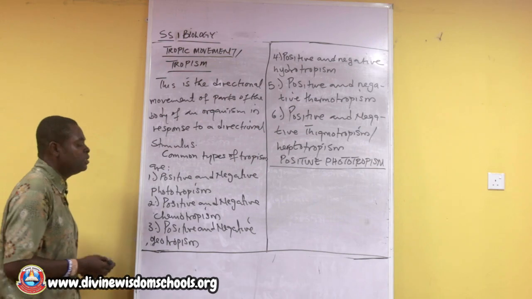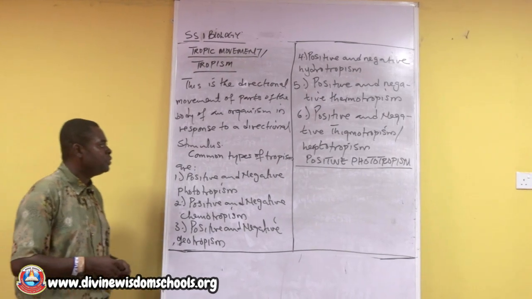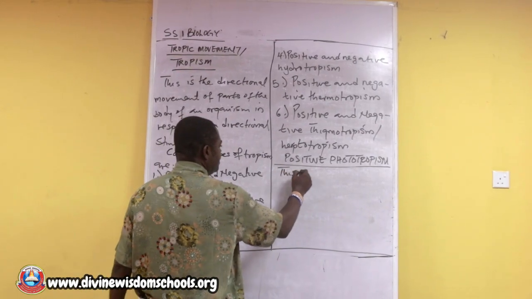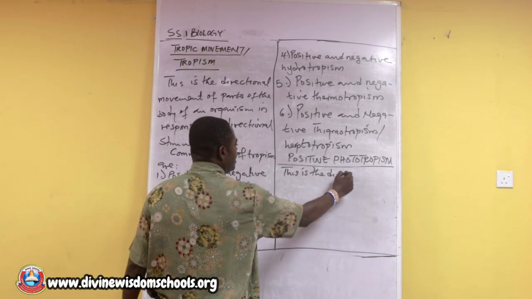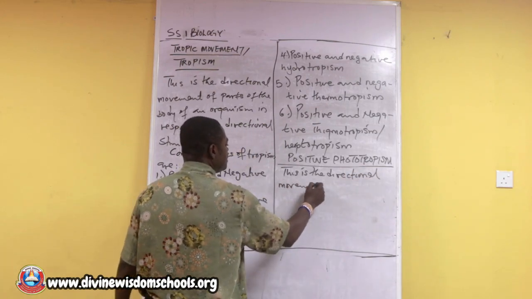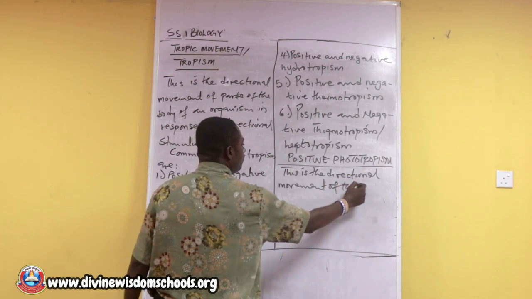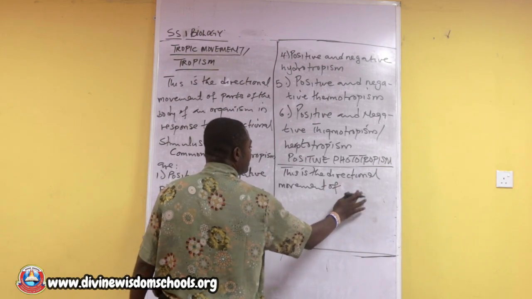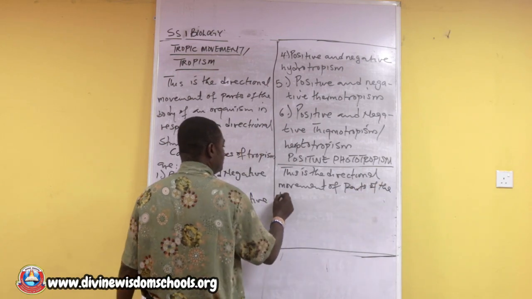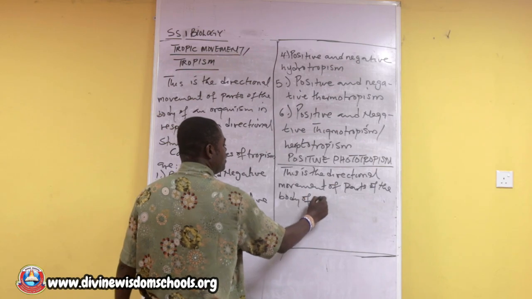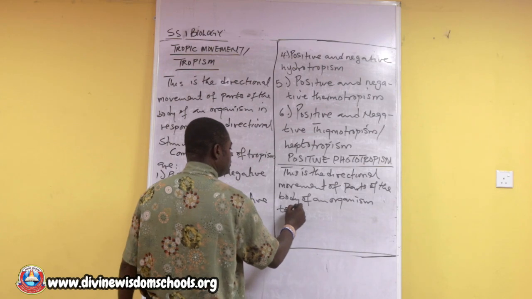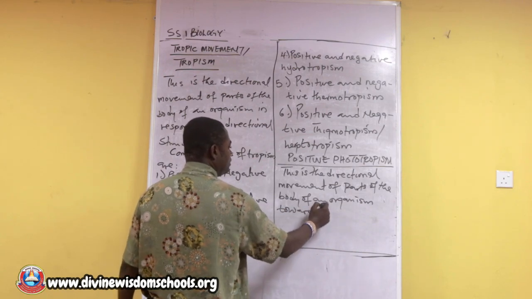Let's talk about positive phototropism. Now, this is the directional movement of parts of the body of an organism towards light.